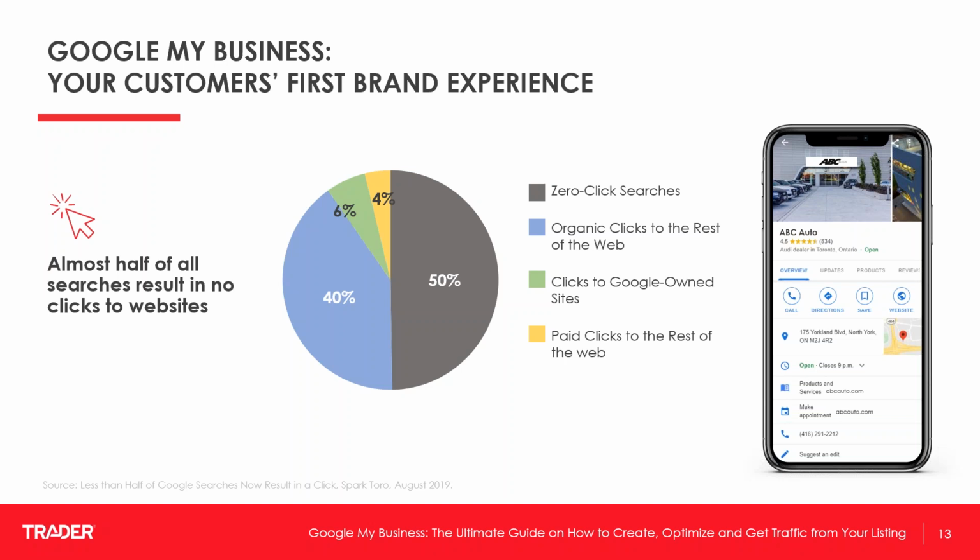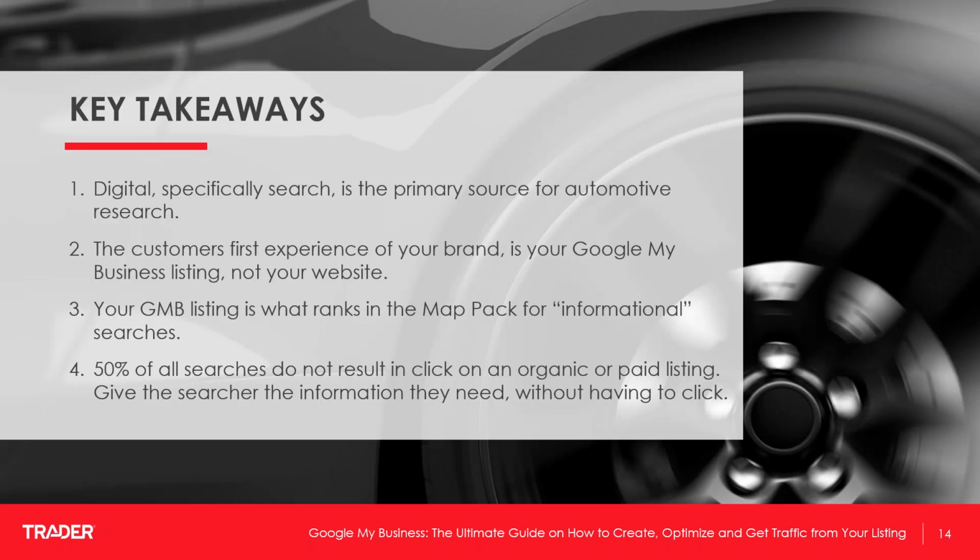And the fact that these listings have all of this information and are showing up more and more in search is leading to almost 50% of all Google local business searches resulting in no clicks to the website. The customers are getting the information that they need directly within that Google My Business listing without ever having to come to your website. So it's more important now than ever to ensure that your listing is filled with the right, accurate information.